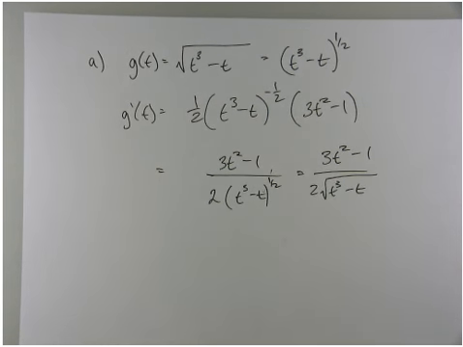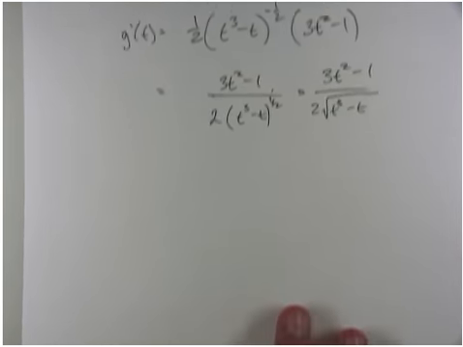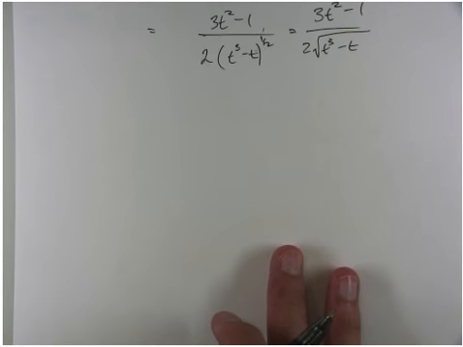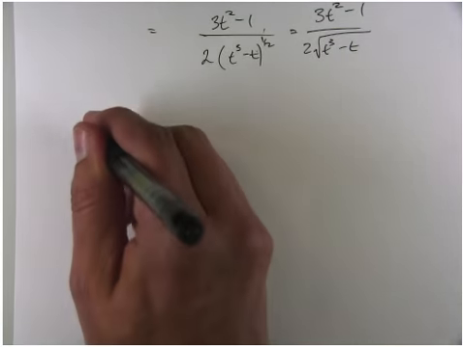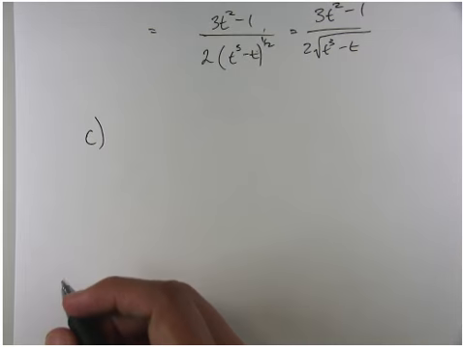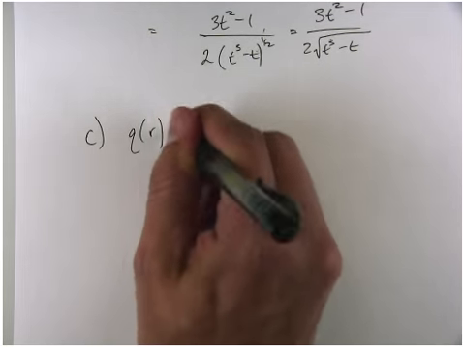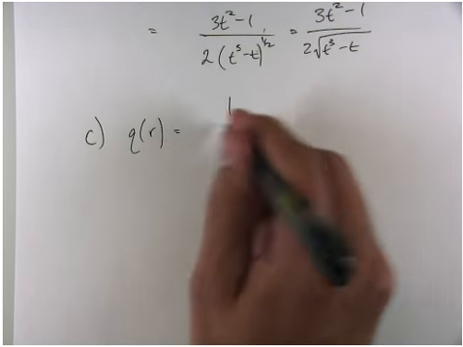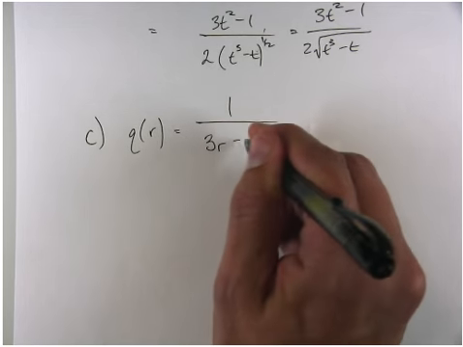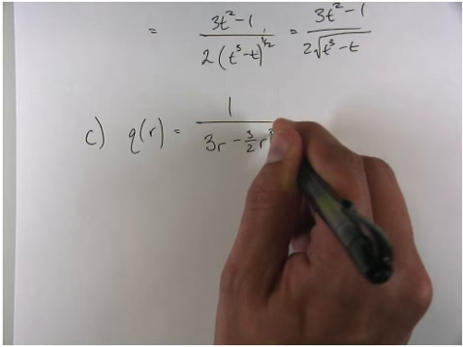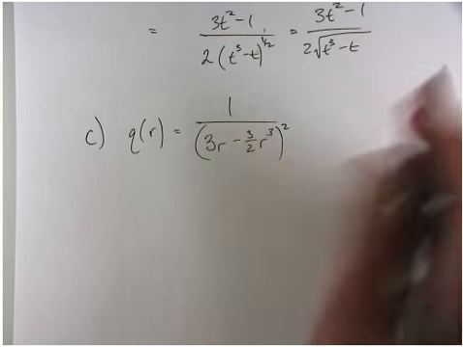All right. C, maybe the most algebraically weird of the bunch. It was Q of R equals 1 divided by 3R minus 3/2 R cubed, the quantity squared.